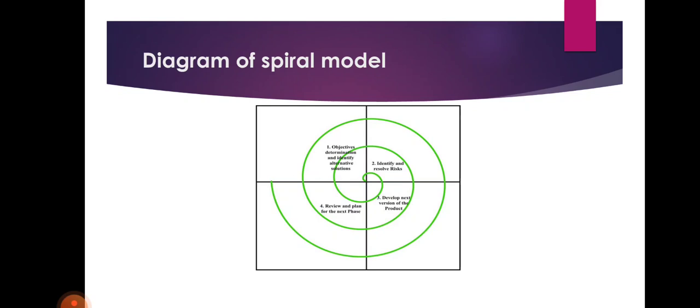The second quadrant shows identifying and resolving risk. This quadrant is about risk. It shows the risk involved.